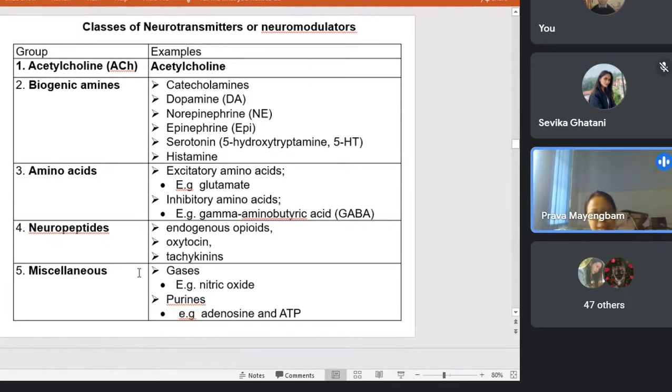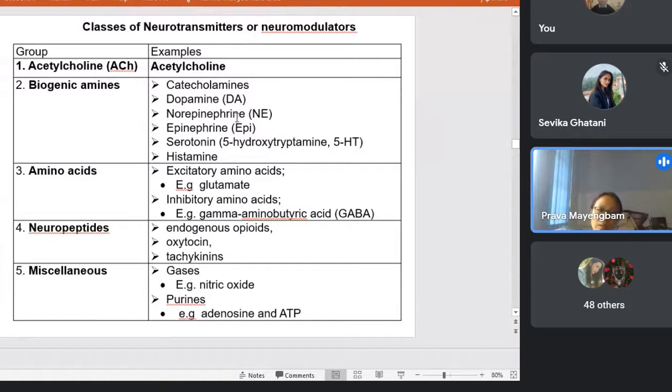So as per my classification, they are classified as acetylcholine, biogenic amines. Okay, so those neurotransmitters having amines like catecholamines: dopamine, norepinephrine, epinephrine, serotonin, and histamine.